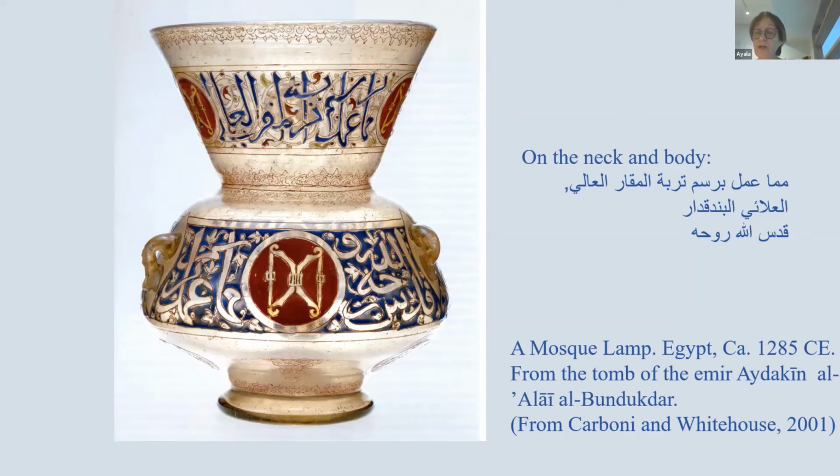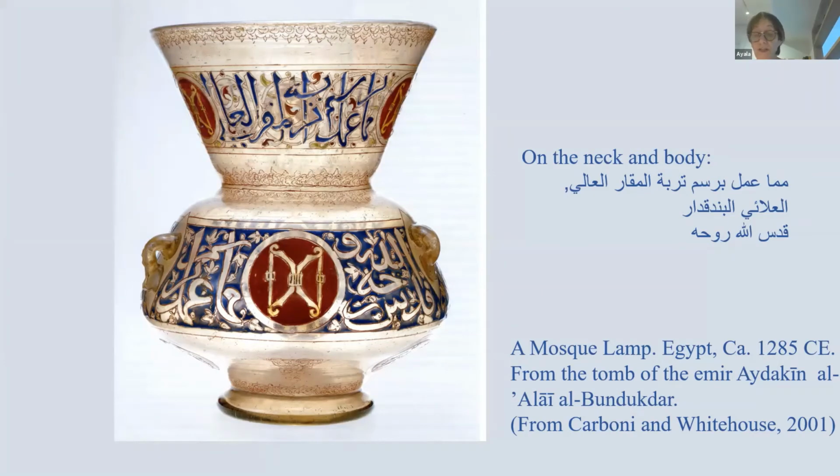The type of the mosque lamp changed during the Mamluk period into a massive lamp as big as 30 centimeters high with a diameter of 20 centimeters. The lamps were decorated with enamel colors and gilded.